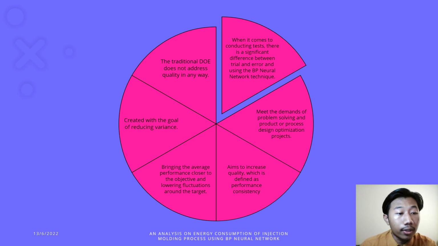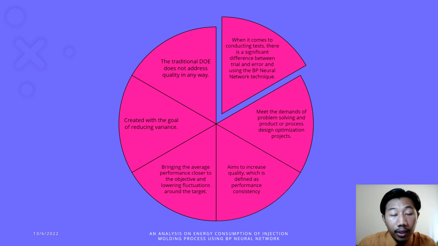So after that, there is a significant difference between trial and error and using the BP neural network technique. So the BP neural network technique to design of experiment may cheaply meet the demands of problem solving in product or process design optimization projects. The engineers and the researchers can considerably shorten the time necessary for experimental studies by understanding and utilizing this approach. So this method of design of experiment using the BP neural network technique aims to increase quality, which is defined as performance consistency.